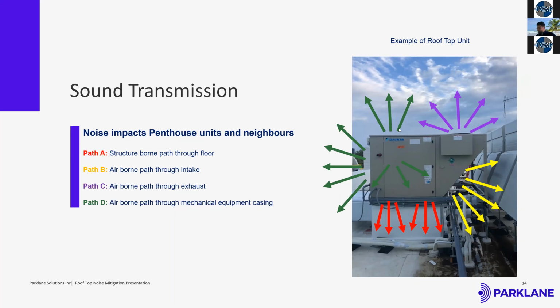And the other means of transmission is through the casing itself. Sometimes whatever the equipment is inside is too loud that it not only comes through the intake and exhaust, but also through the casing. And all of this is important because mitigation depends on what part of this equipment is actually producing the noise and how you go about mitigating it.